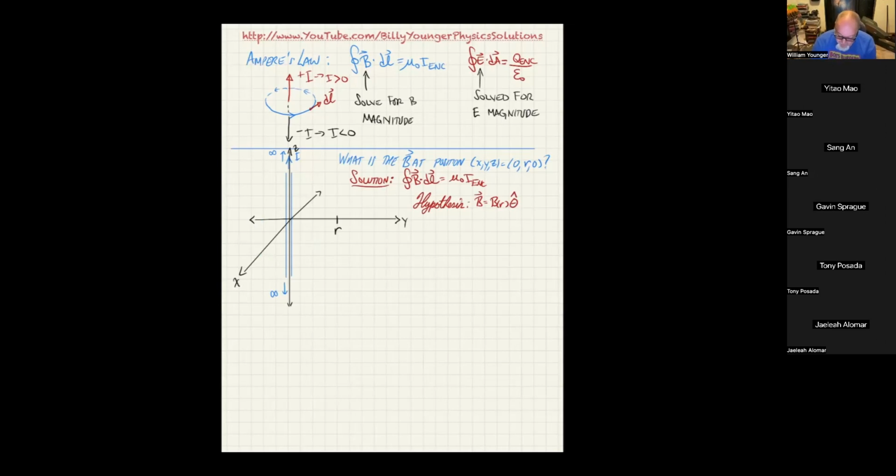And because of that hypothesis, I'm going to say the loop that we're integrating over, which is a loop or a path or a line, and I don't mean line in the linear sense, is basically R equals a constant.